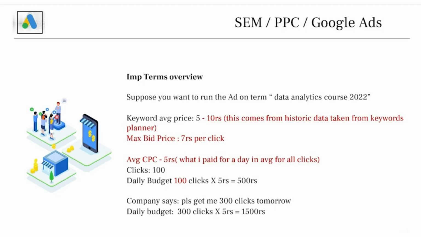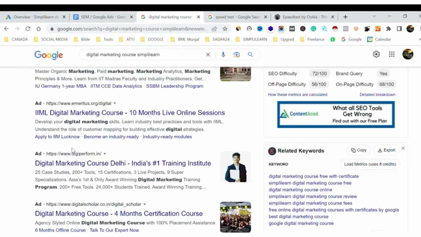Because we all know that with this ad, which is called a text ad, we are paying on every click. That's why this is also called a PPC ad or PPC marketing. In simpler words, the advertiser, which is Emeritus in this particular ad, only has to pay when somebody, like Sachin this moment, clicks this ad.